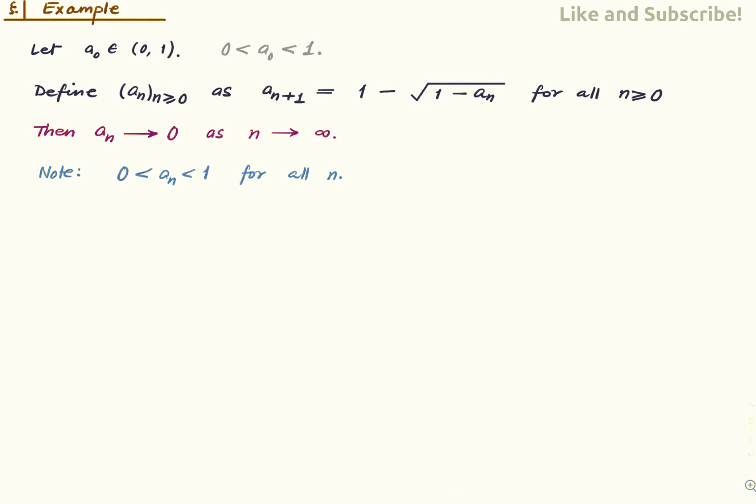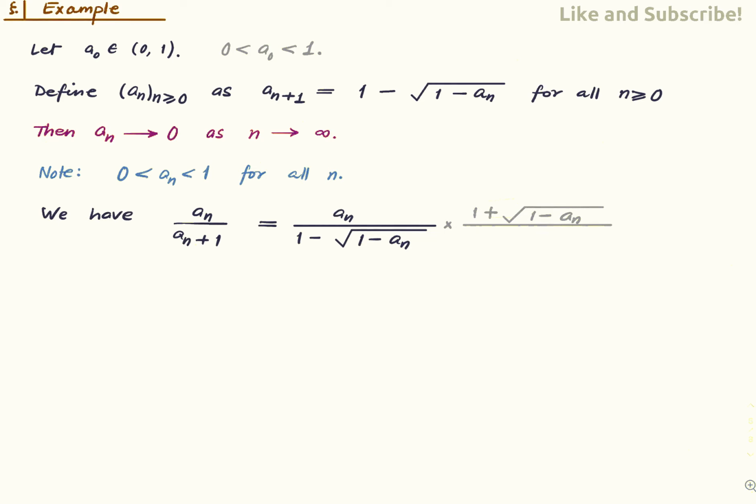And now the main observation is that observe, or rather maybe consider, or maybe just say we have that an upon an plus 1, by definition this is an upon this thing, but now you multiply above and below by this number, right?